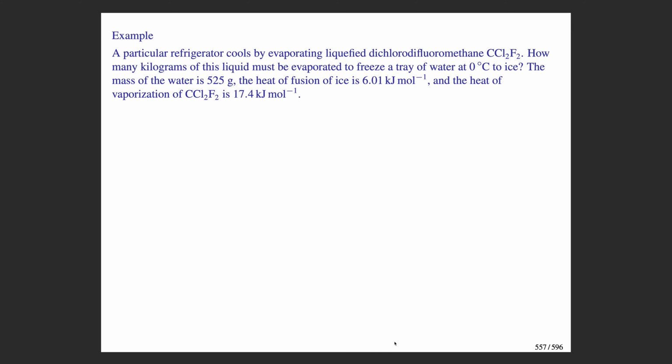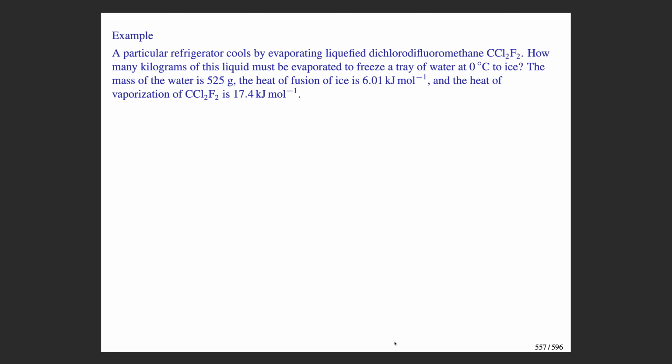In this example, we're being asked to think about refrigeration. Our refrigerator works by evaporating liquefied dichloro-difluoromethane. How many kilograms of this liquid must be evaporated to freeze a tray of water at 0 degrees Celsius into ice?